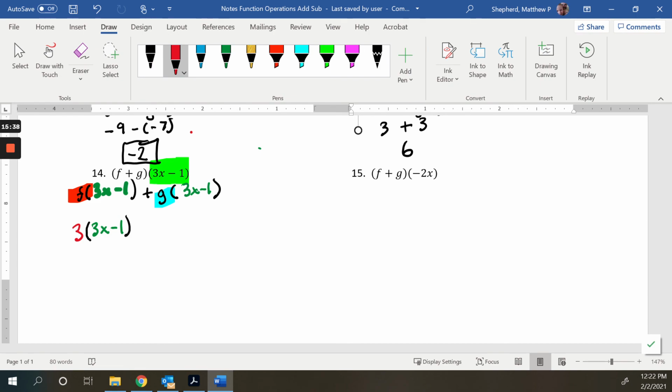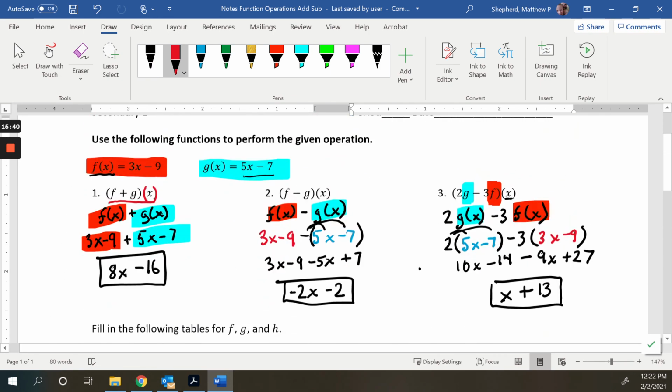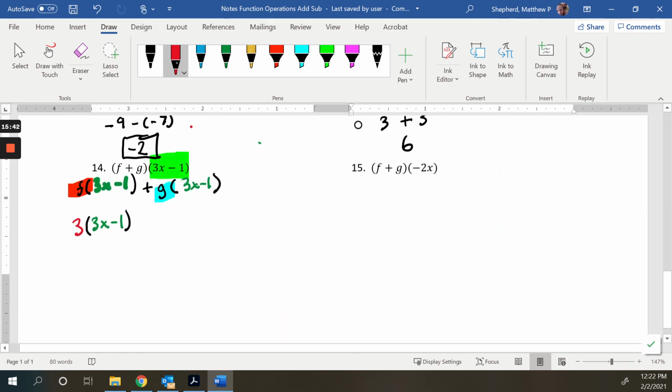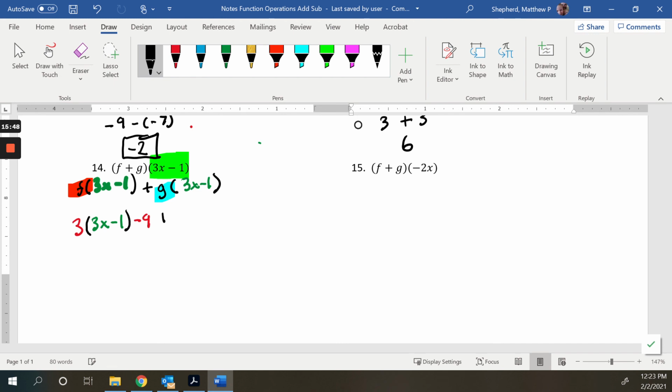Okay, so f of x was 3x minus 9, so I've got my 3, that's replacing the x, minus 9, plus g of x had 5x, so I'm going to put 5. We're changing our x input to the 3x minus 1 that they gave us up there, minus 7.